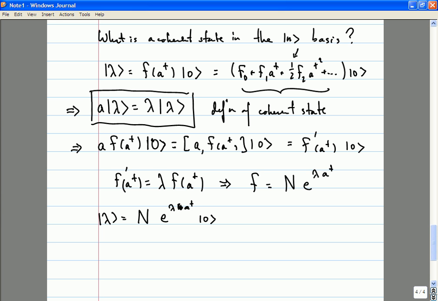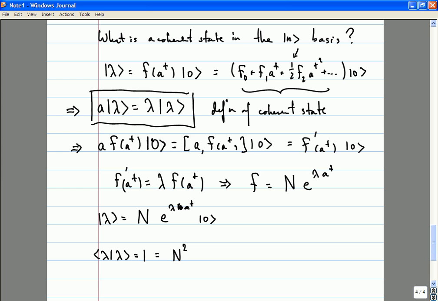And in order to determine this normalization constant, let's just fix the norm of our coherent state to be equal to 1. So then this will be the square of that normalization constant. I suppose it could be the absolute value squared if I wanted that normalization constant to be complex, but the phase of the state doesn't matter, so I will just set it to be real.